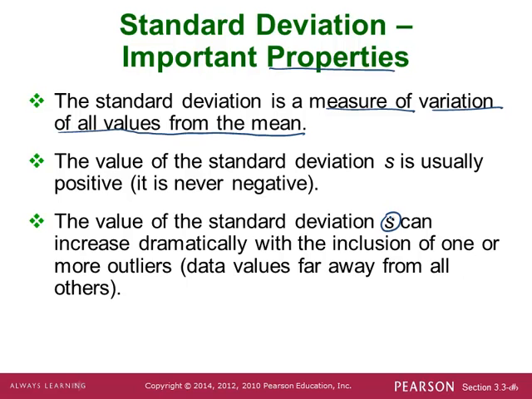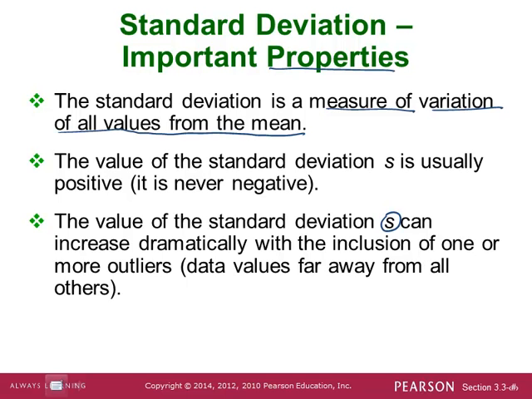If you have some outliers, the standard deviation suffers from the same sensitivity to extreme values as does the mean. So that's why a lot of times we take a look at our data set first, and we make a decision ahead of time as to whether to include any outliers.